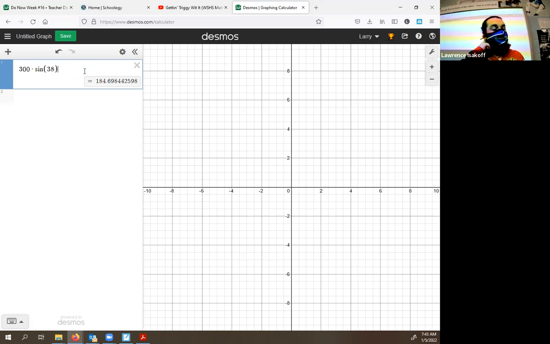So when I look at this, if we think about this for a second, if I'm flying a kite and I let out 300 feet of string, that's like a football field's worth of string. Then it's telling me the kite is over 180 feet in the air.